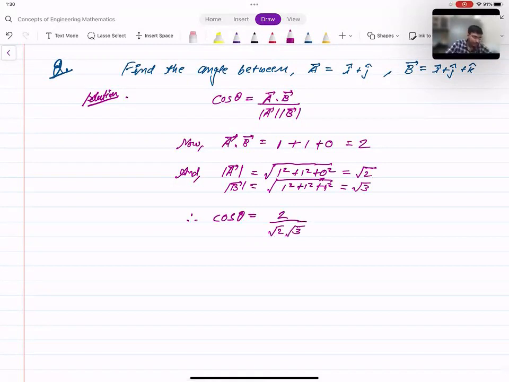This root 2 gets cancelled from the numerator, so this will be root 2 by root 3. You can solve this using a standard scientific calculator. So theta is cos inverse of root of 2 by 3, and upon solving, this value comes out to be approximately 35.26 degrees.